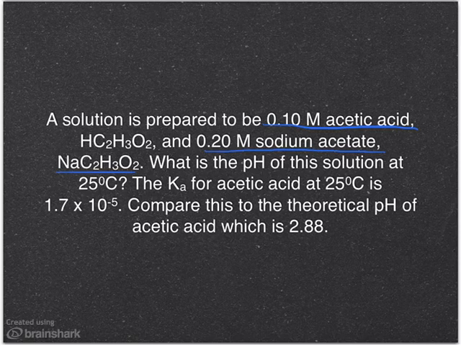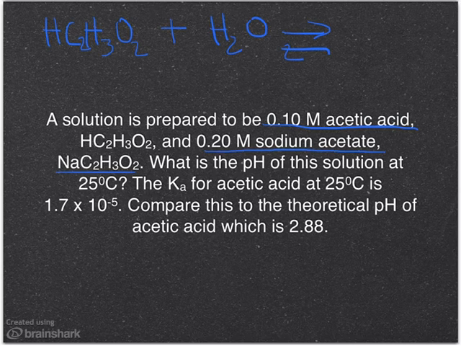So first thing you want to do is again do out your ionization equation. So you'd have HC2H3O2 plus H2O yields, the sodium part you don't need to take into account, so just add the C2H3O2 minus plus H3O plus.